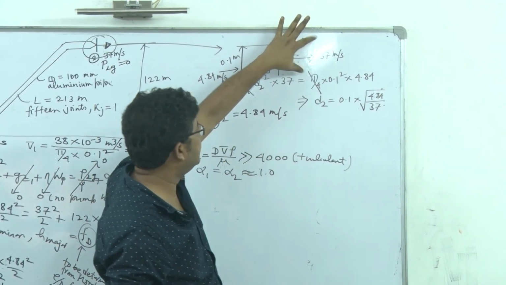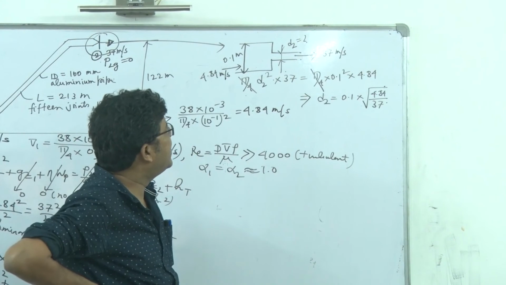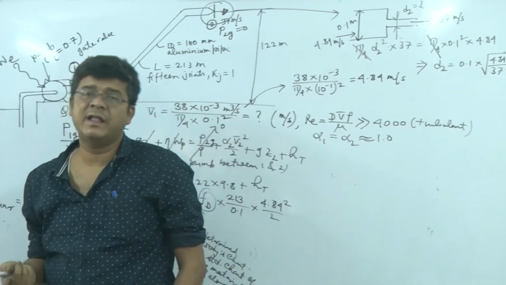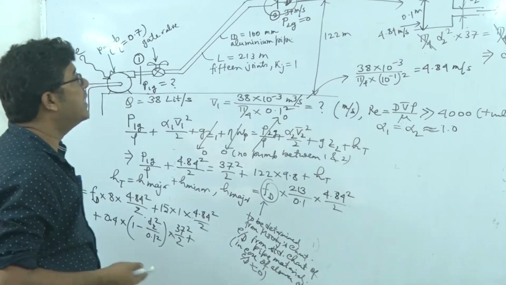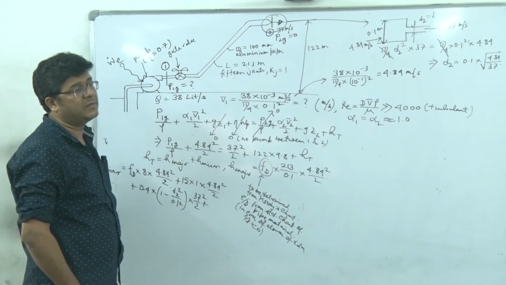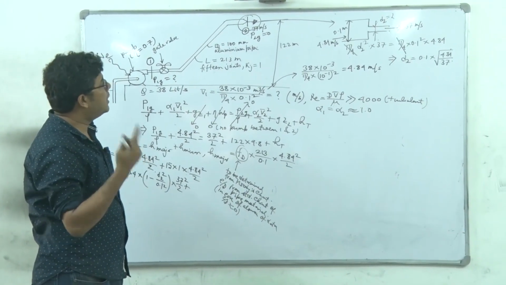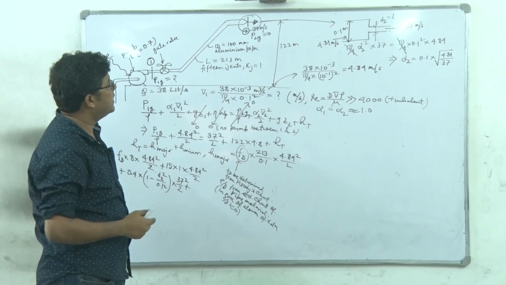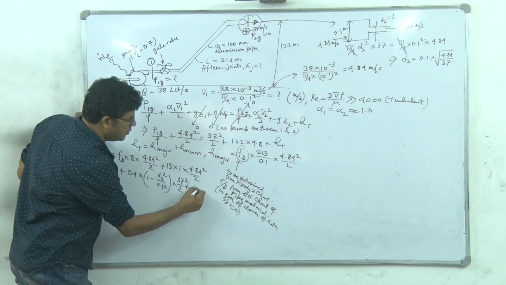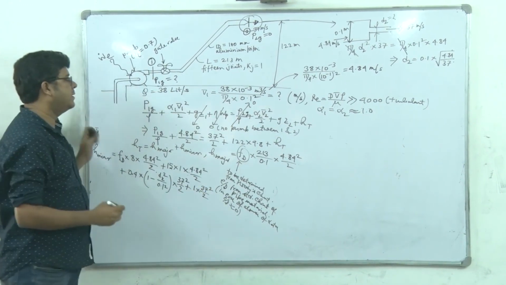So it is again a sudden expansion where we know the loss coefficient is 1 minus smaller by larger area square, and here the larger area is infinite compared to the smaller area. So the coefficient reduces to 1 multiplied by the velocity head in the smaller area, which is 37. So this is 1 into again 37 square by 2, right?